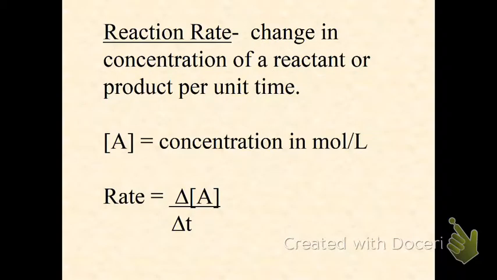Reaction rate is the change in concentration of a reactant over time. We will always signify concentration in those brackets, whether it's for solutions, gases or whatever. That bracket always means concentration. And that's the rate for the product, change in product over time.